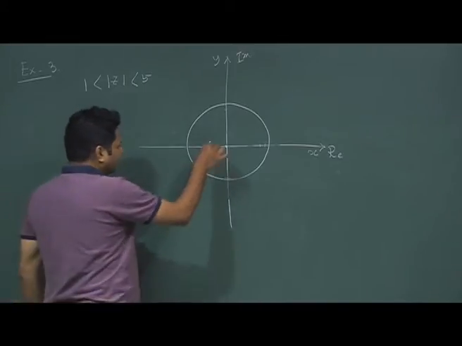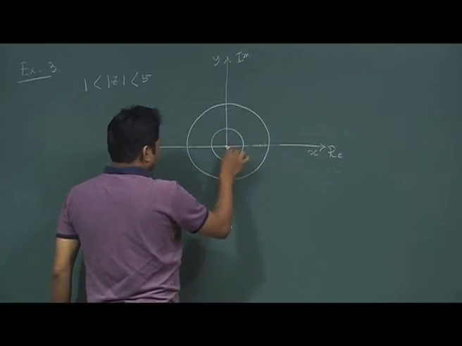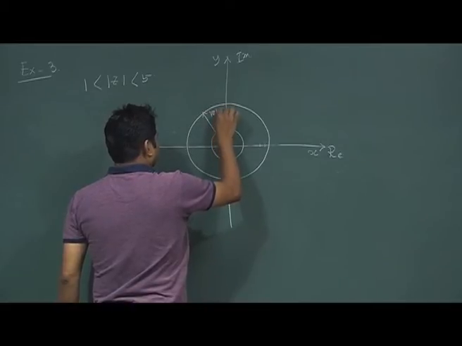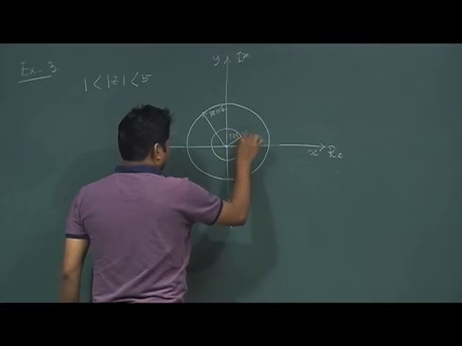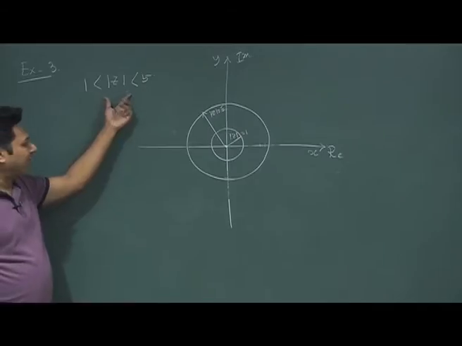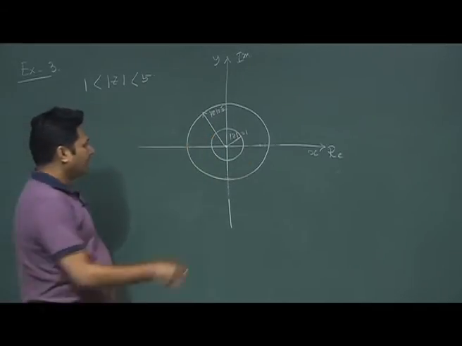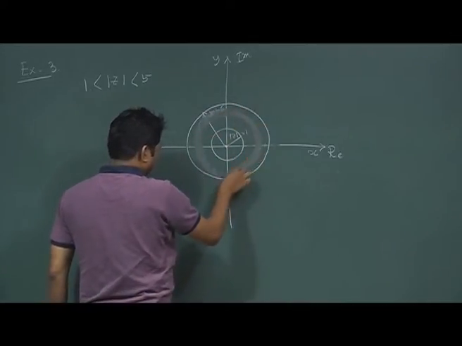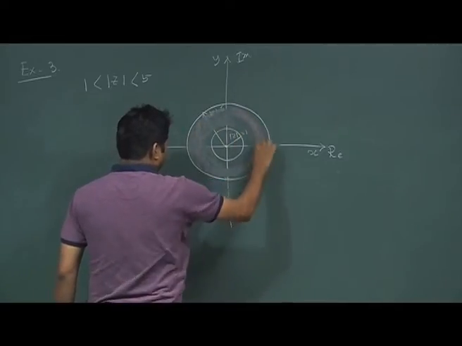So I should have another circle here with the radius 1. So the bigger one is of radius 5, the lower one is of radius 1. I am talking about all the z's that are in this annular region. So this is the annular region where all the points are placed with this condition.